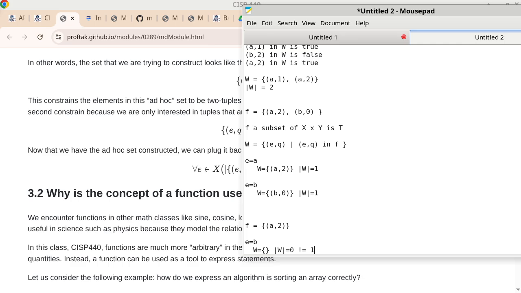Because at least one element of X fails the requirement, and because we're using the universal quantifier, the quantified statement itself is going to be false. So there are two ways indeed to not meet the requirement: one is less than 1, and the other is greater than 1.